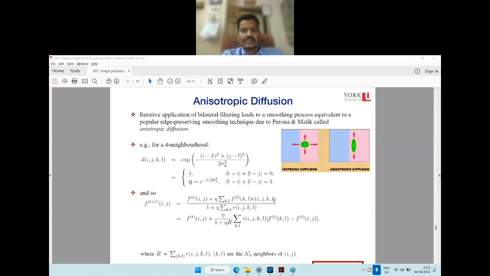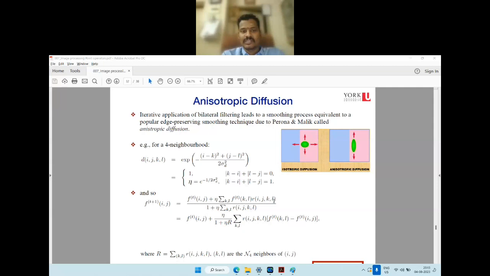So basically, anisotropic diffusion means the iterative application of this bilateral filtering, which leads to a smoothing process. I think in physics you might have studied anisotropic diffusion. Any idea? In physics, the diffusion of the light signal in different medium, isotropic and anisotropic diffusion.